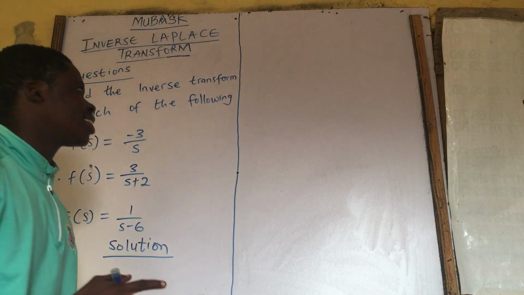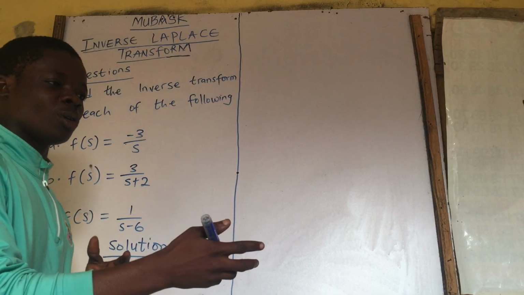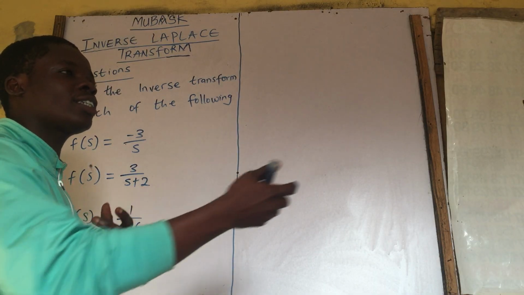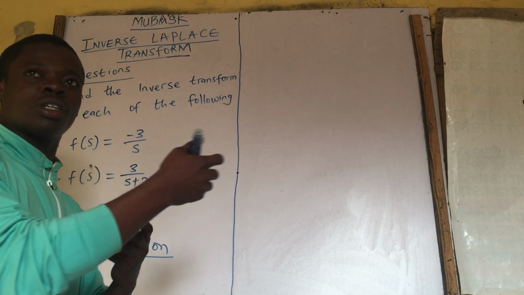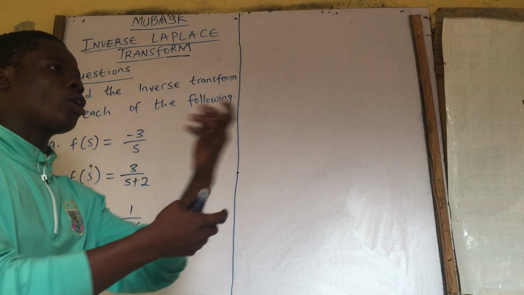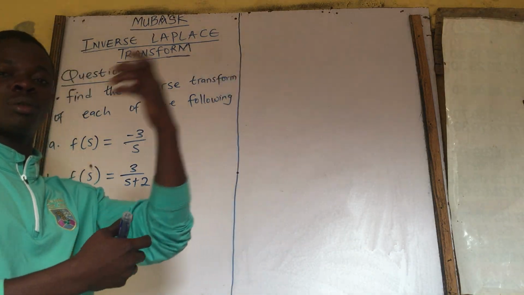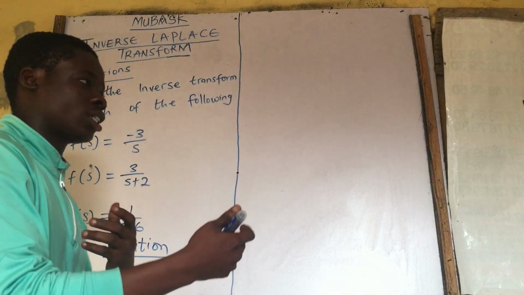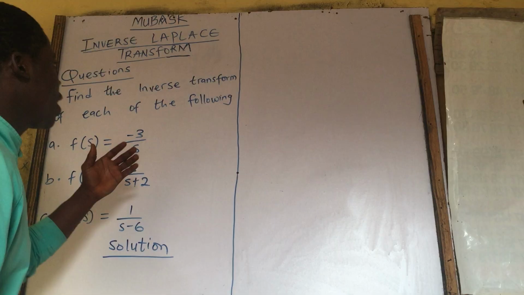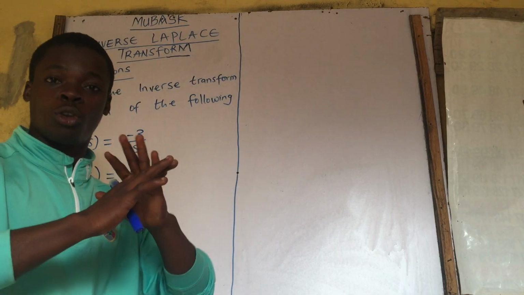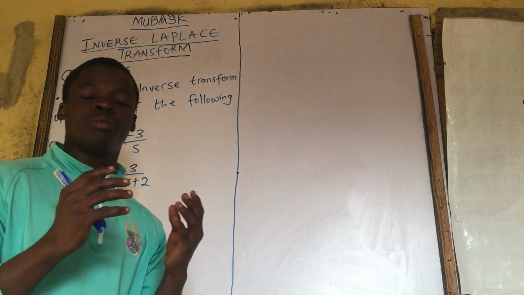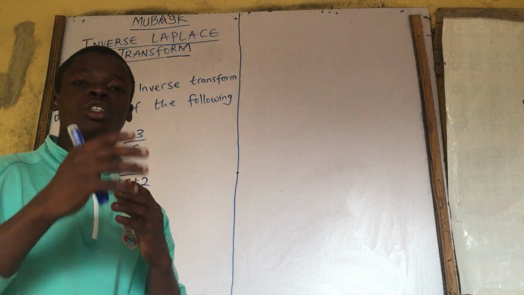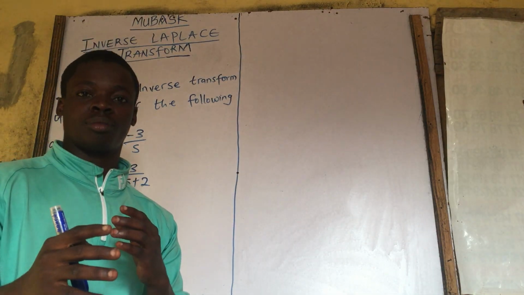The inverse Laplace transform is like a forward reaction and a backward, reversible reaction. In the normal Laplace transform, a function changes to another function.